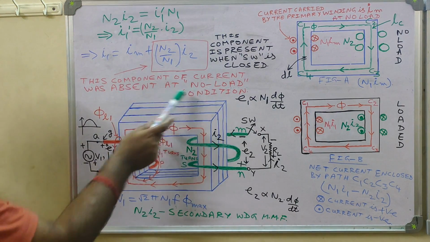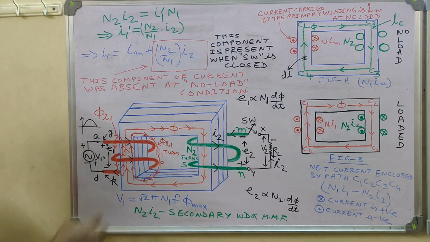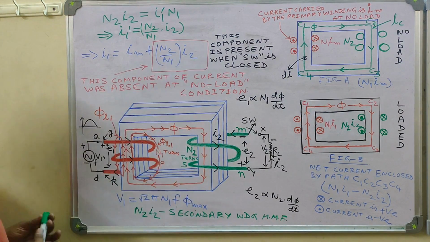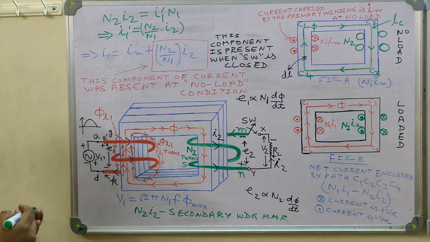This component of current was absent at no load condition, but it is present at load condition. Why? To cancel the demagnetizing effect of secondary MMF.